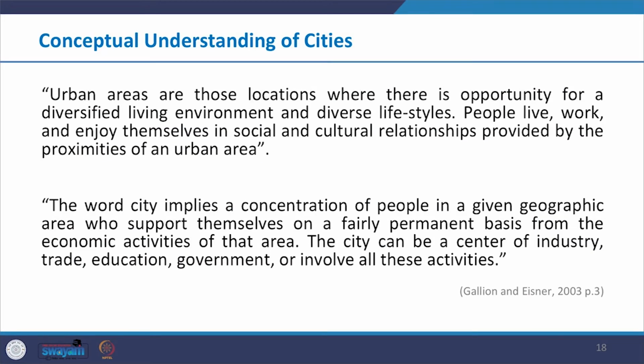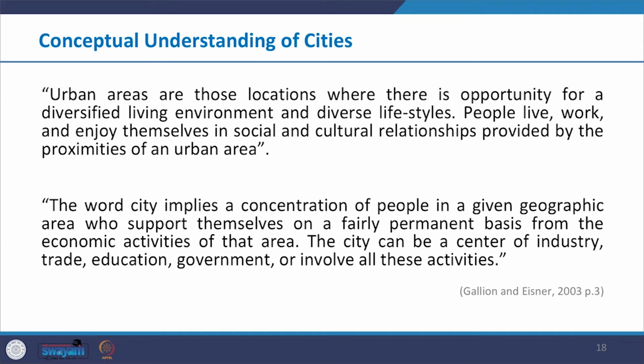Other definitions which we see in this similar aspect: urban areas are those locations where there is opportunity for diversified living environment and diverse lifestyles. People live, work, and enjoy themselves in social and cultural relationships provided by proximities in an urban area. Here we see that while defining urban areas, the location aspect comes out.